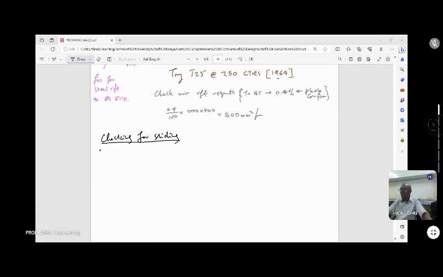You say the force that resists sliding is a frictional force between the base of the wall and the soil.